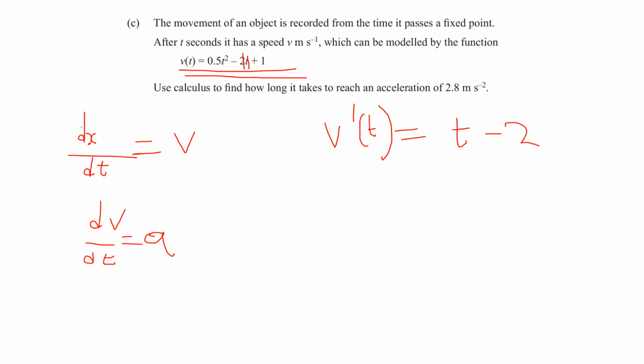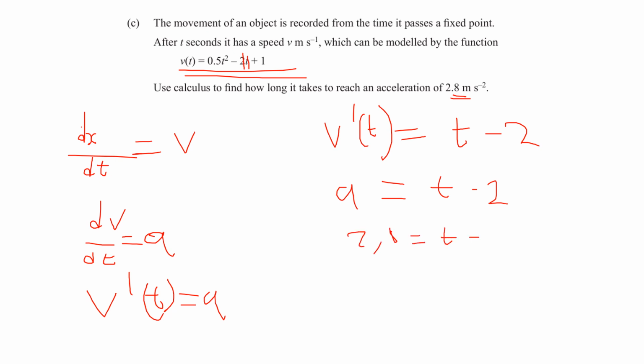So in a sense, we're saying acceleration, because like we've said here, dv/dt is equal to a, so acceleration is equal to t minus 2. And we want to find the time, and we've been given the acceleration. So we substitute the acceleration here: 2.8 is equal to t minus 2.